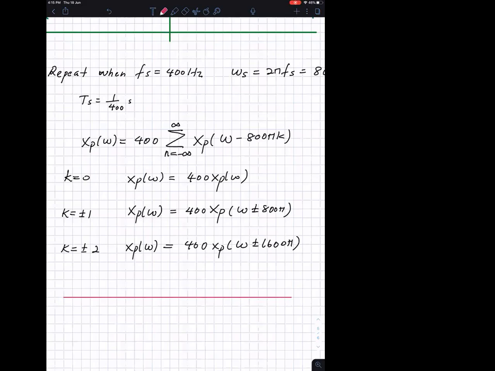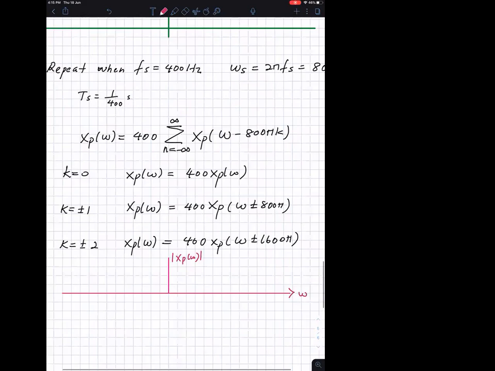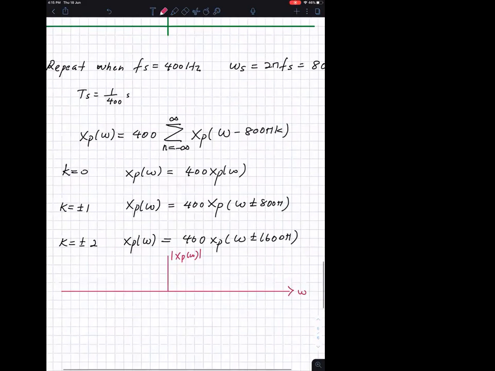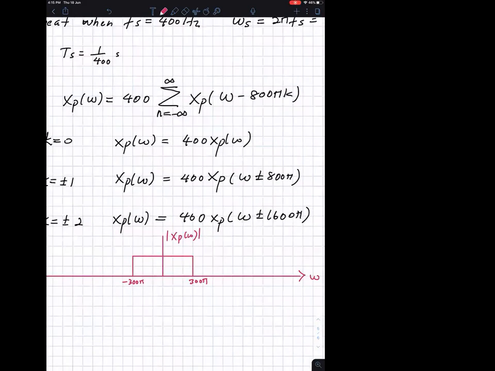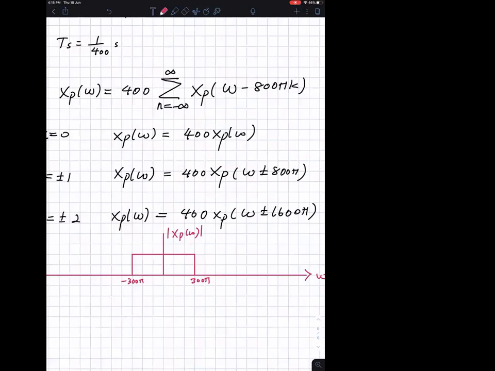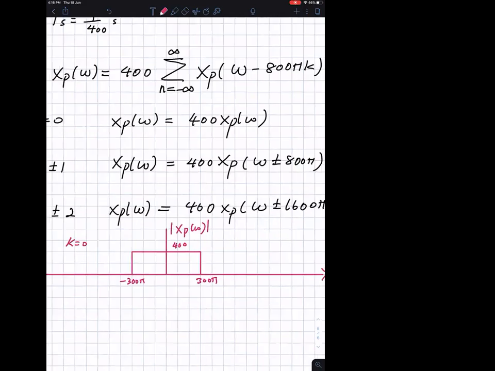And k is 0. So that's when k is 0. k is plus or minus 2.